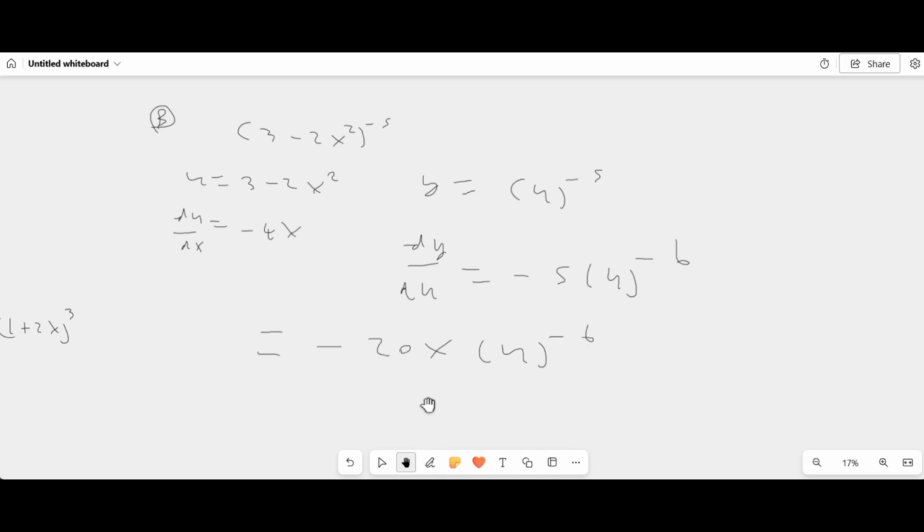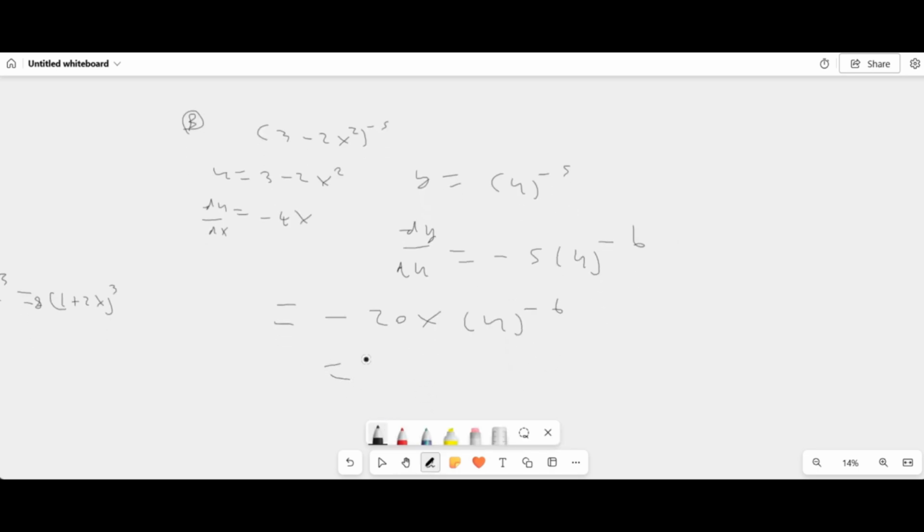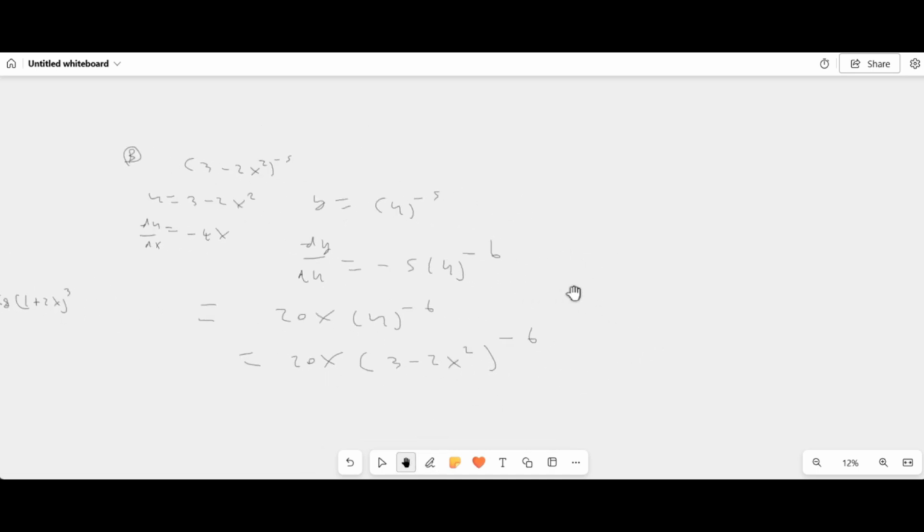And obviously not minus 20, just positive 20, because it's negative times negative. And that's going to equal 20x, and u is just 3 minus 2x squared here, so that to the power of minus 6. So that's the final answer here.